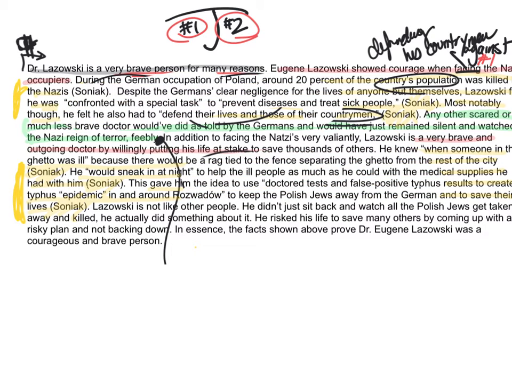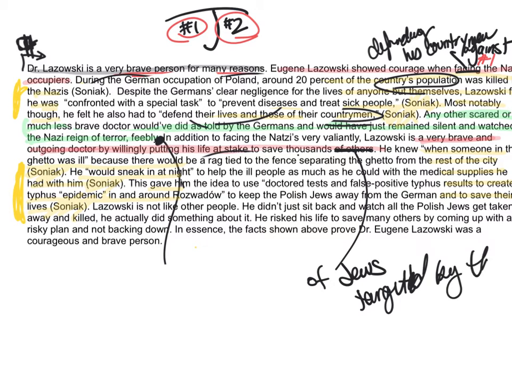And now our second claim. Well, our second claim right now is he's very brave and outgoing by putting his life at stake to save thousands of others. Well, who are the thousands of others? To save thousands of Jews targeted by the Nazis.